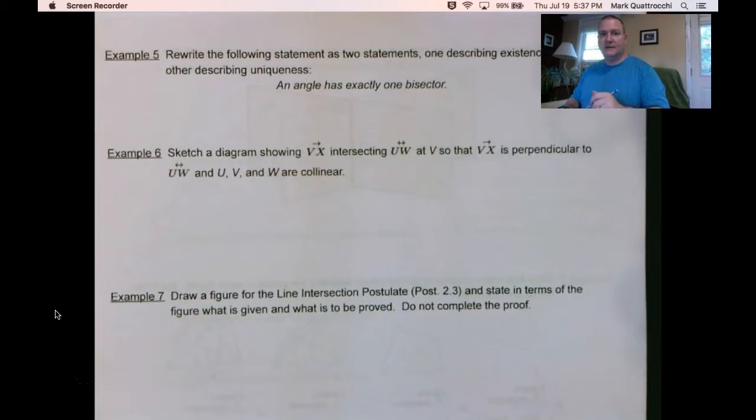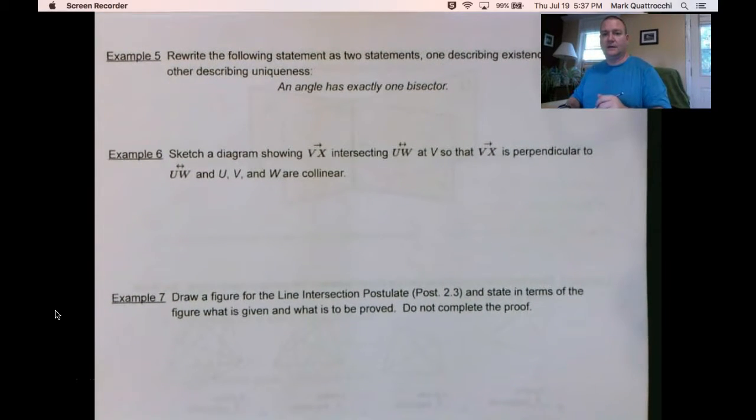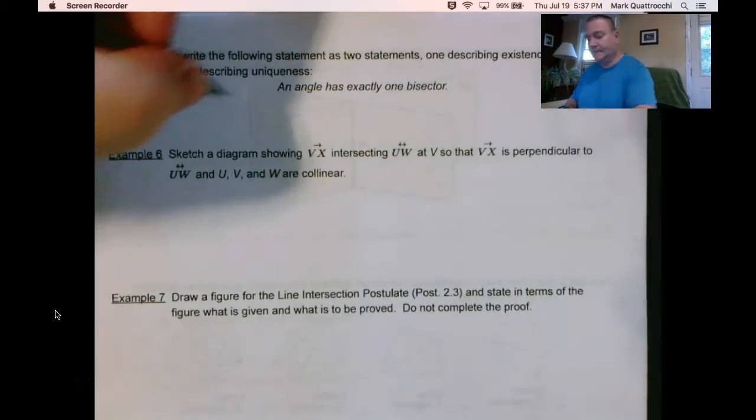To rewrite this as a statement of existence, we want to say that we have an angle, and every angle that we have has a bisector.